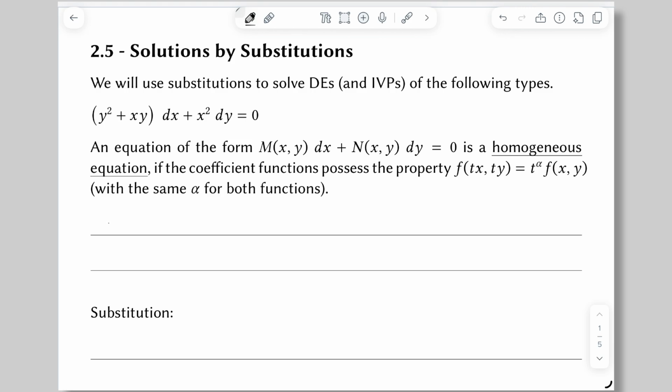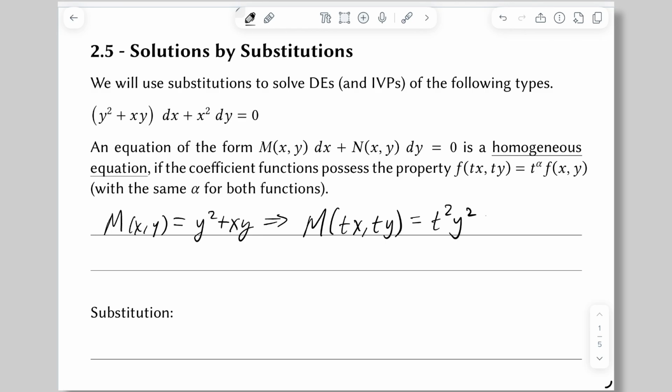In the example that we're looking at currently, m of xy is equal to y squared plus xy. And so if we replace x using t times x and y using t times y, we can see that we have t squared y squared plus tx times ty, which is t squared xy.